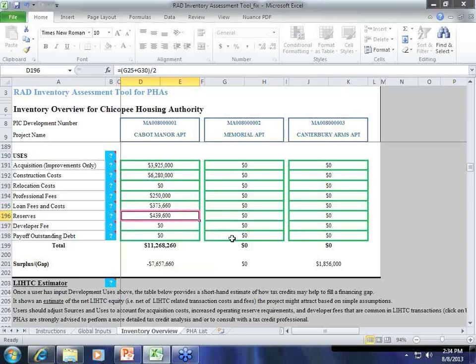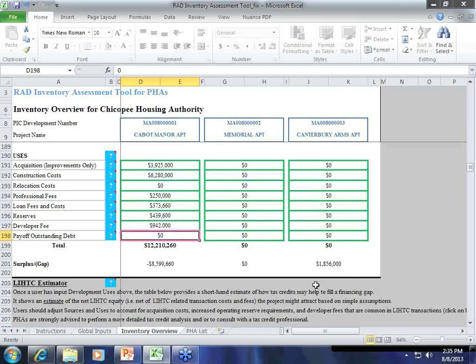Yep. Okay. So now I'm going to drop down to the developer fee, and this is not a precise calculation, but it's a good ballpark, which is really what we're giving you in the sources and uses calculations. So here I would go up and pick up the number in the construction cost cell, and multiply it by 0.15.